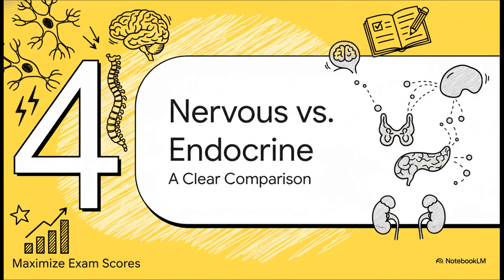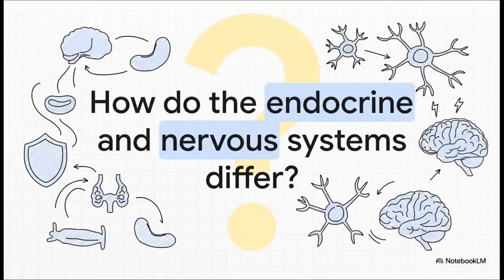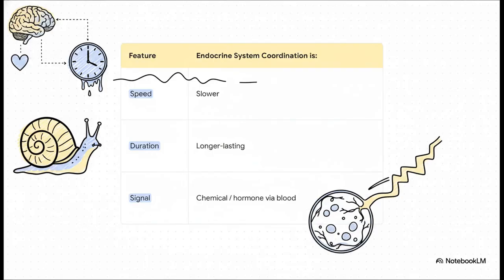We're shifting gears now from a description to a comparison. We need to really clearly spell out the differences between 2 of the body's major coordination systems. The question is simple. How is the endocrine system different from the nervous system? 3 marks are up for grabs, which means we need 3 clear, distinct points of comparison. So the trick here is to make direct comparisons.